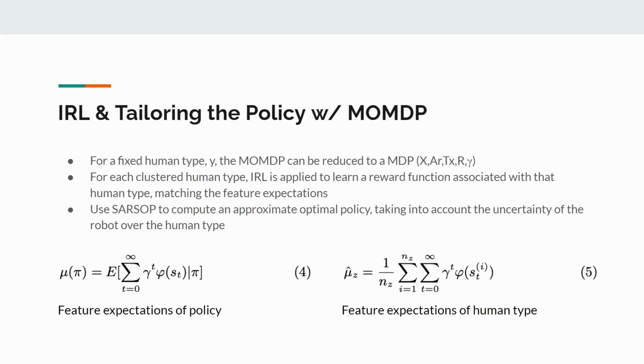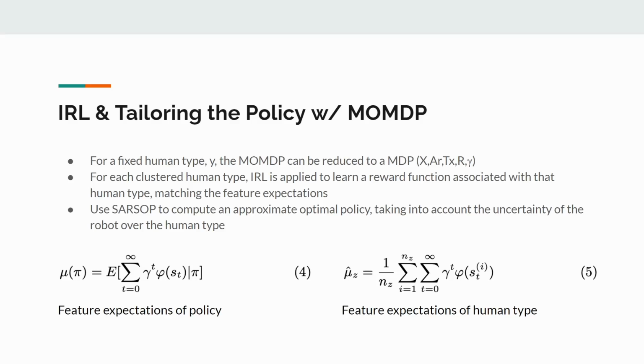And then for each of those clustered human types, IRL is applied to learn that reward, matching the feature expectations between the policy and the feature expectations of the human type. Equation 5 is essentially the feature expectations of the human type, with phi being the vector of features, gamma being your discount factor, and then being done so for each Z human type.